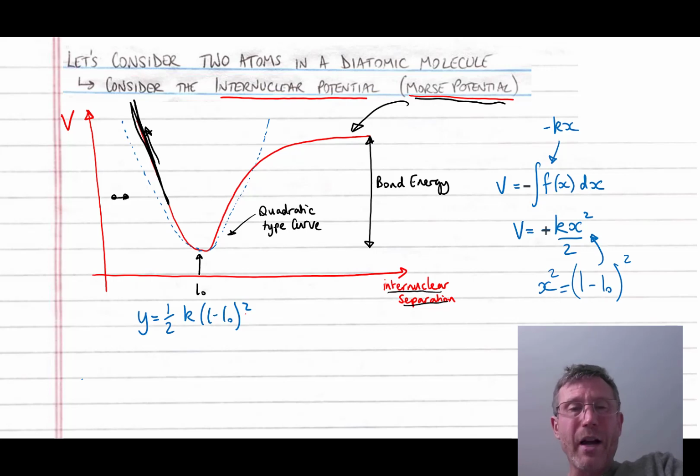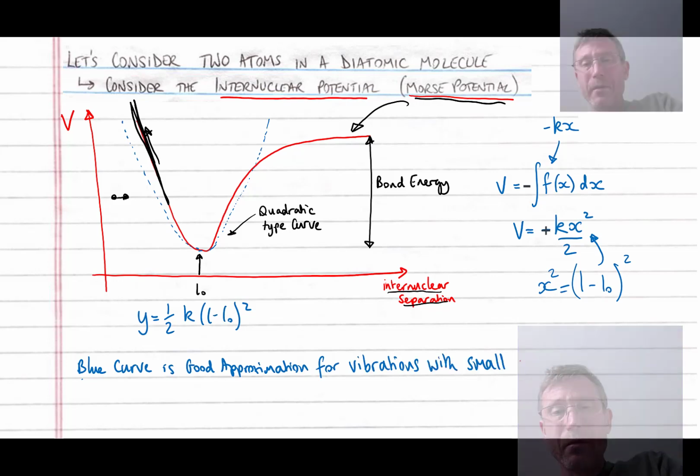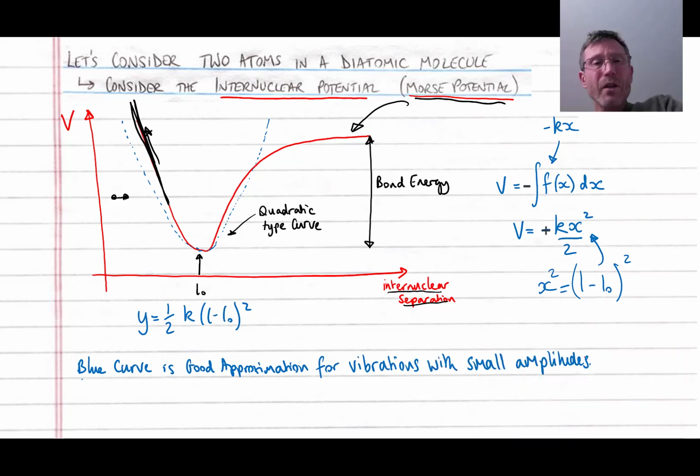And why do I bring this up? It turns out that the blue curve is a good approximation for vibrations with small amplitudes. Small amplitudes means we're oscillating backwards and forwards around this region of L0.